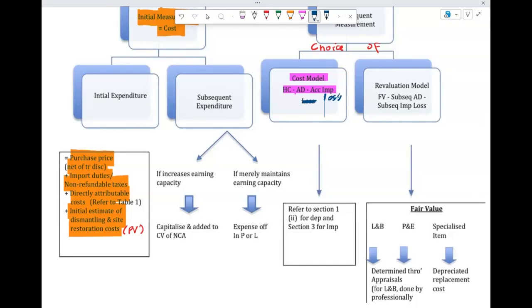Okay. The loss is under impairment. Accumulated impairment loss. So can you write each component should be depreciated separately?